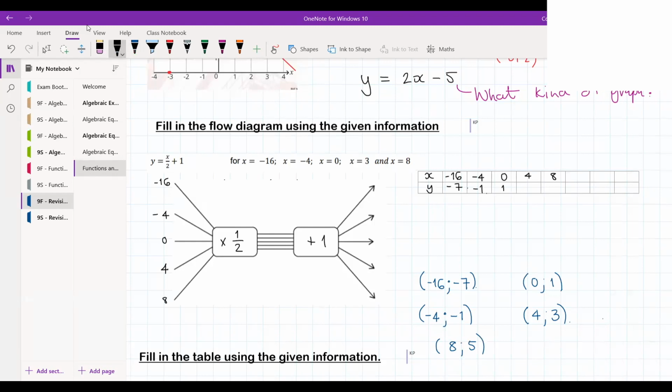Beautiful. Just excellent stuff. Very well done, Siamtanda. Now, do you think you can represent all of this on a Cartesian plane for me? Yes. Can you? All right. And if I represent all of this on a Cartesian plane, what kind of graph would I get?